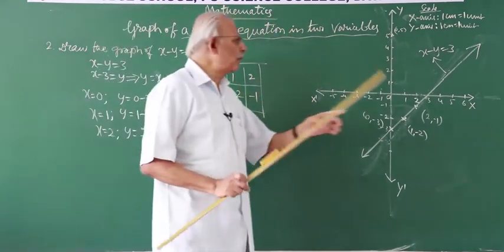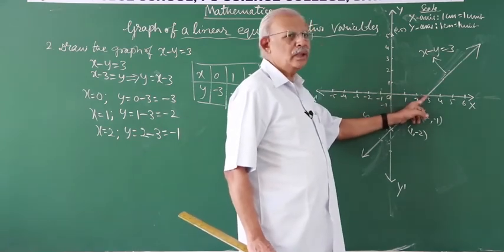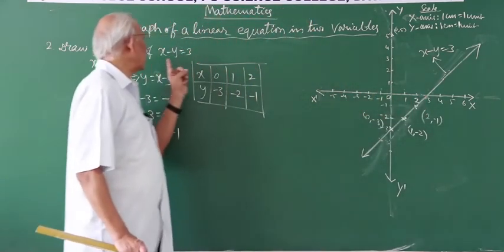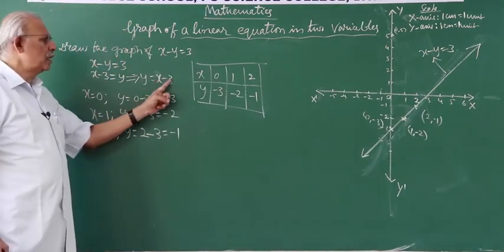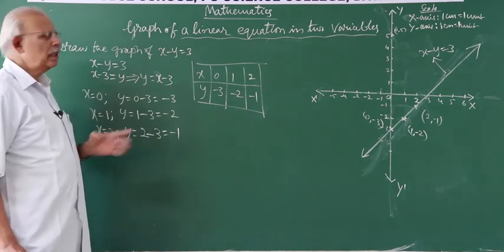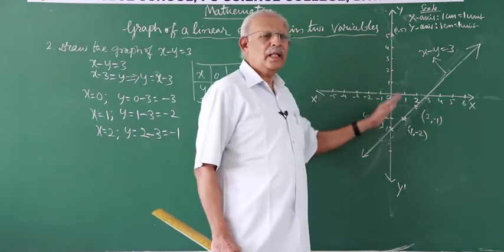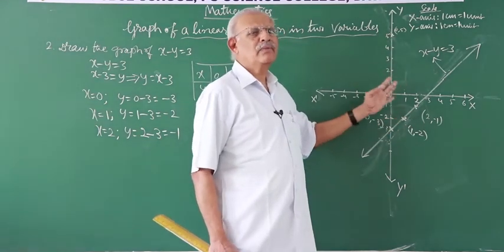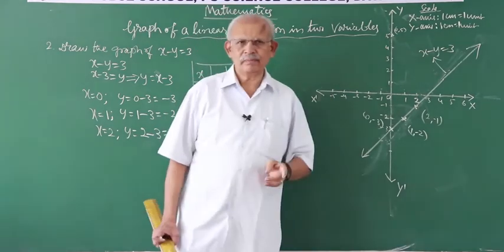If you take any point, for example here, x equals 3, y equals 0. If you substitute x equals 3, y will be 0. 3 minus 3, 0. In this way, with the help of this line, you can find the other values of y when x is given.